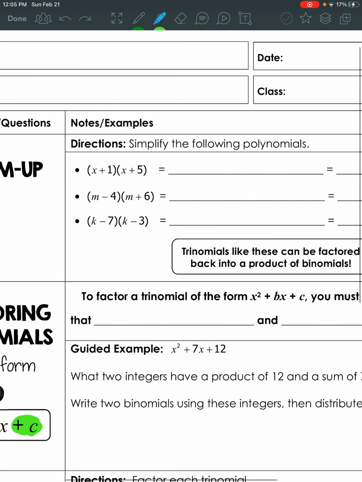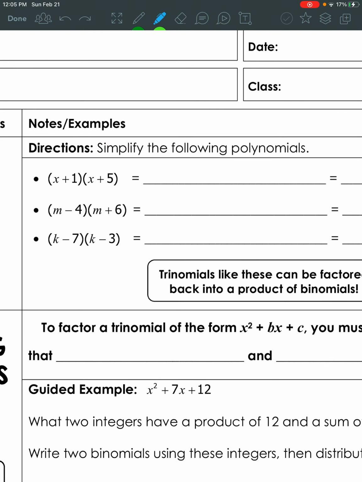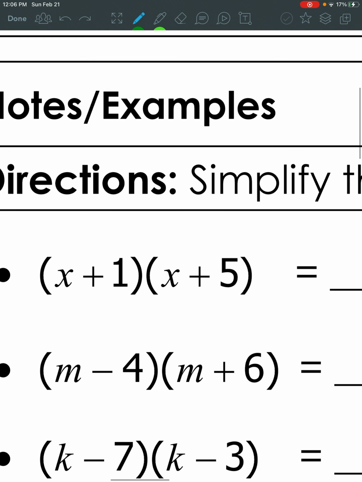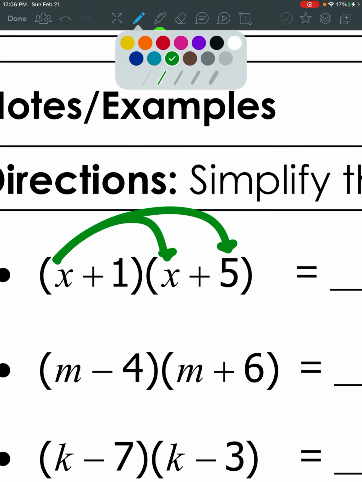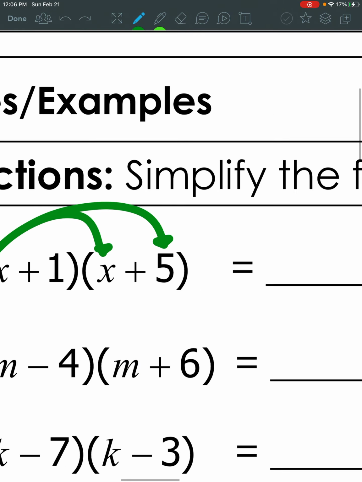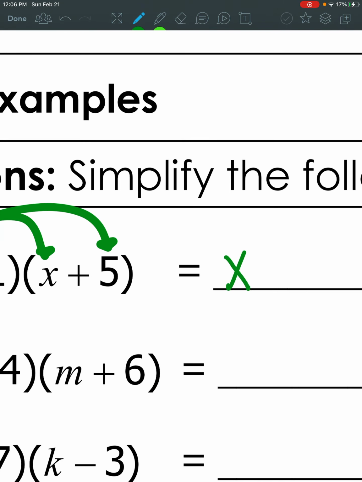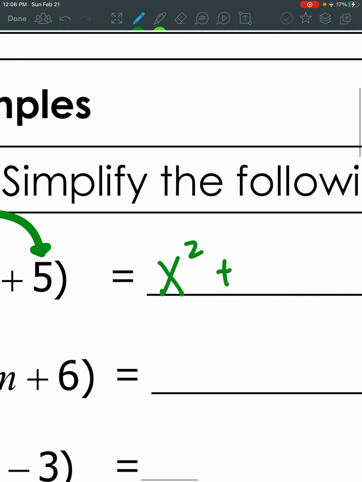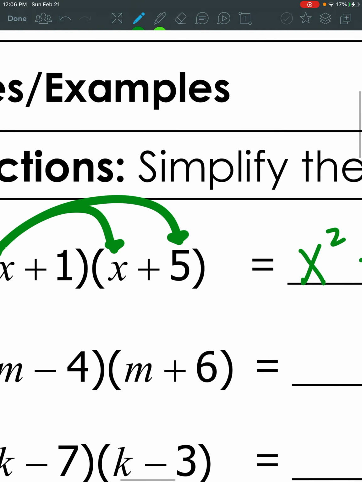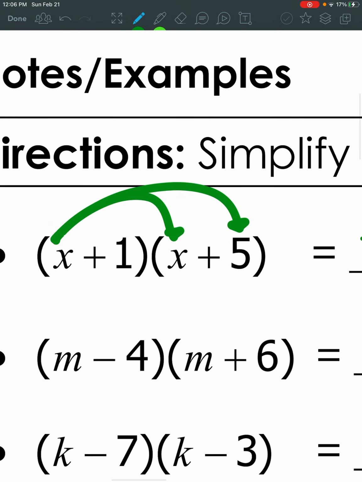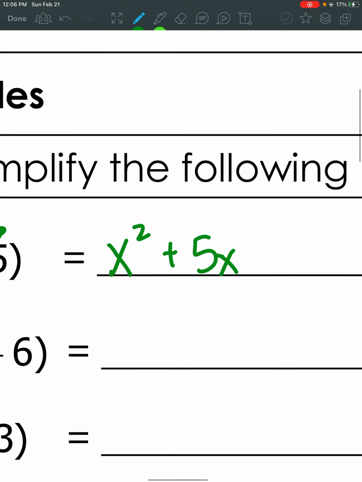To start, why don't we practice our multiplying polynomials and try these 3 examples and then see if you're on the right track. So remember, we distribute, drop that down. The first term, so x, we'll do x squared plus 5x, and then we also distribute the second term, 1, to both terms in the second binomial.